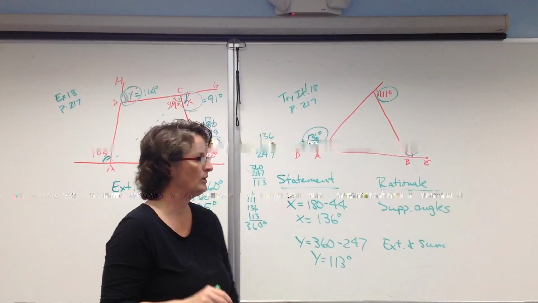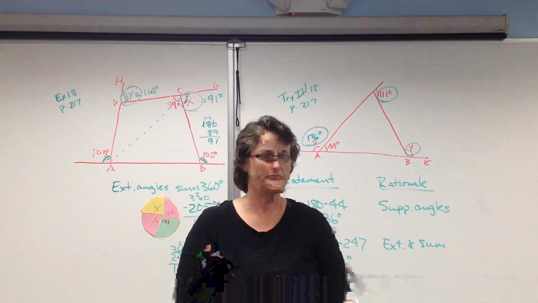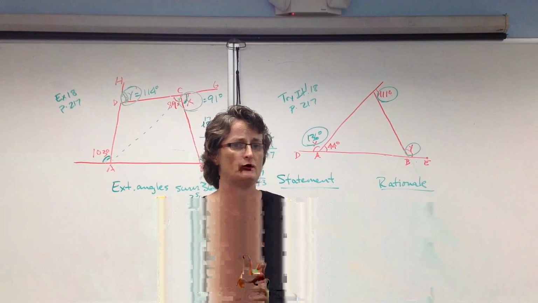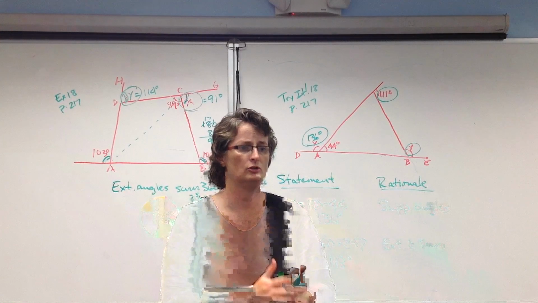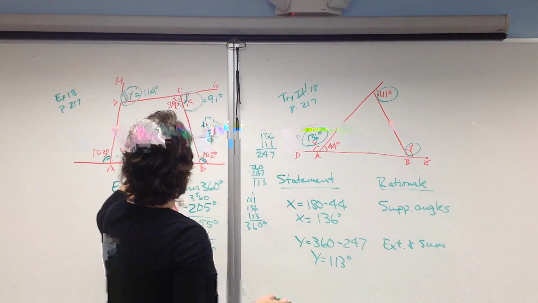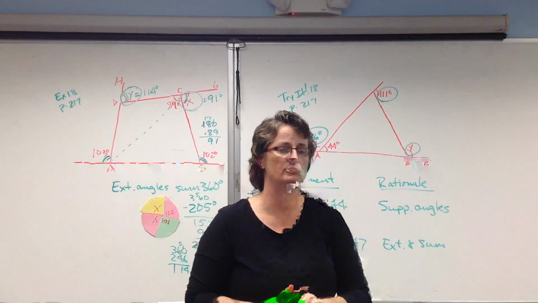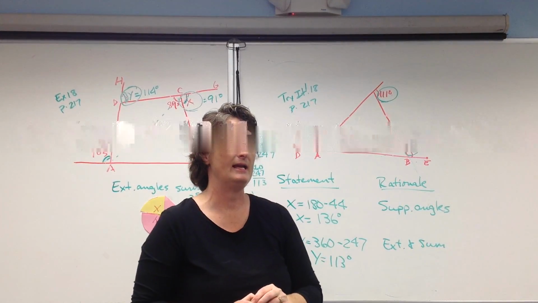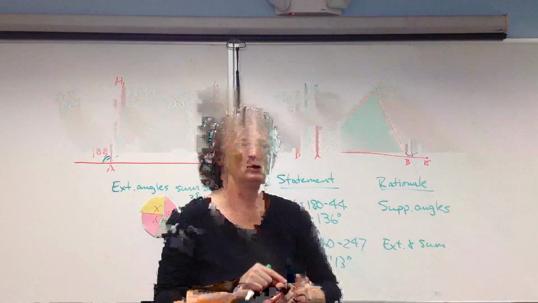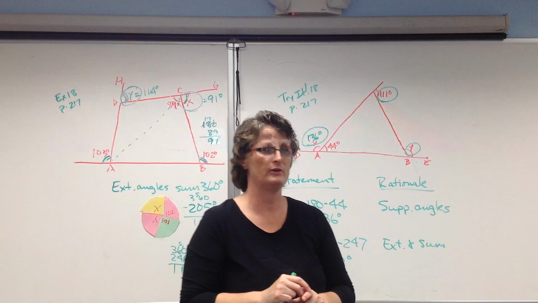So if you've got any questions, make sure you write them down. I'm happy to take them as well, but I think that you can look at the example on page 217 and get working on page 219, numbers 2 and 3. And this will be part of an assignment.